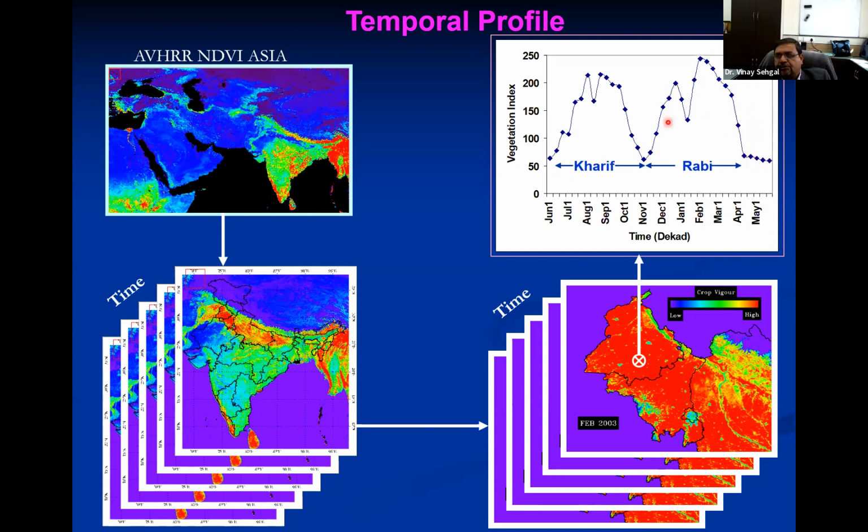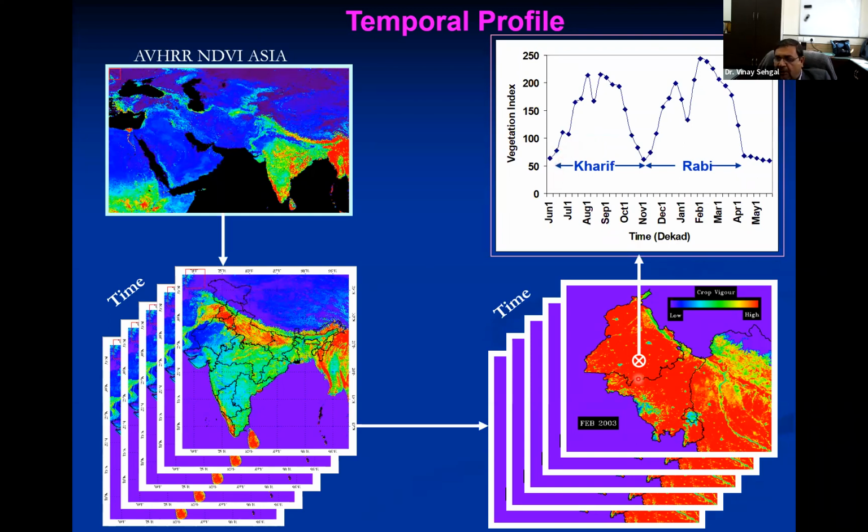So you see, if you have multiple images and you see the time series of vegetation index, it clearly shows typically a crop growth during Kharif and Rabi. And after Rabi, the vegetation index value is lower for a longer time, because during April, May, the fields are barren. And then again, from June 2nd week or so, the sowing starts for the other Kharif crop.